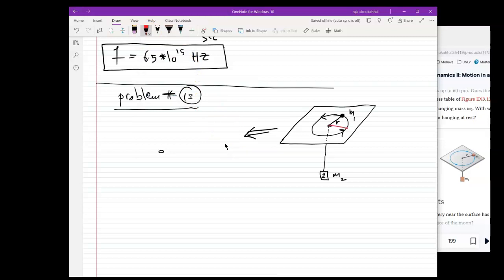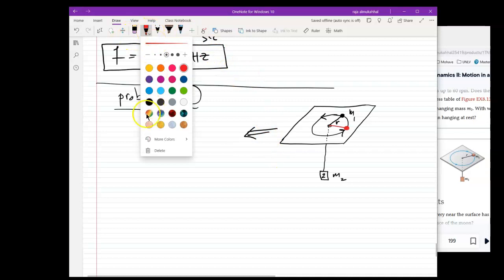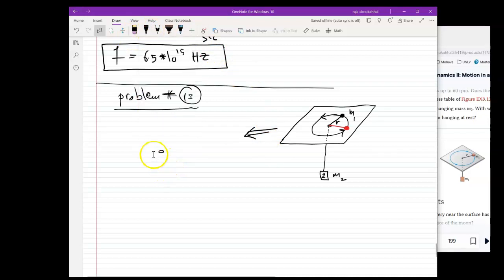So imagine the mass at this instant of time is right here. I'm doing that just to make things simple. So here is the top mass, the hockey puck, and here is the mass M2 like that. I hope everyone is able to picture what I'm trying to do here.